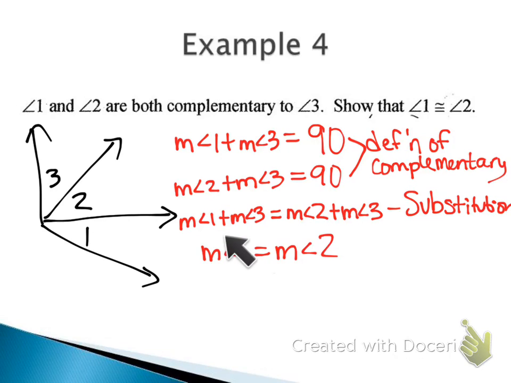Don't make it harder than it is. Instead of adding the measure of angle 3 on both sides, what would I do to get rid of it? Subtract it. So I use the subtraction property of equality. Or you can just put subtraction. If I subtracted the same thing from both sides to come up with my next step, I use the subtraction property of equality.